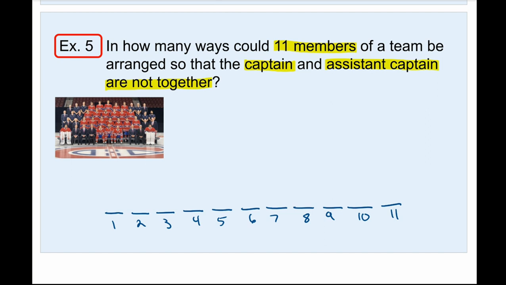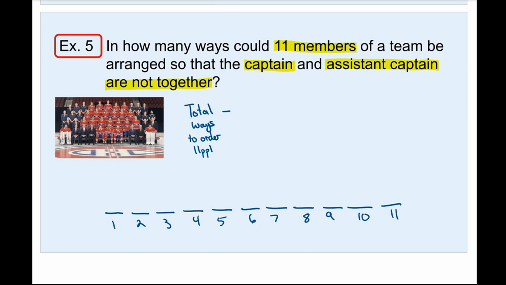So the way we would use that is, we would need to figure out the total number of ways to order 11 people, minus the complement to what we're looking for.